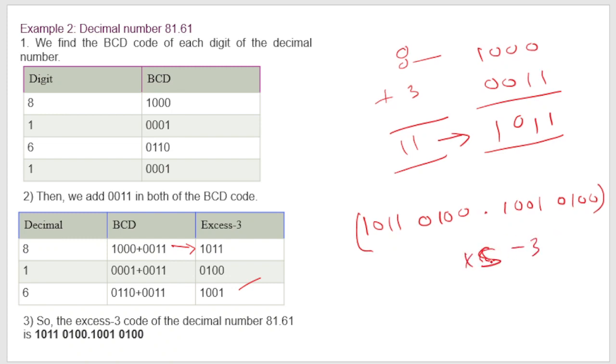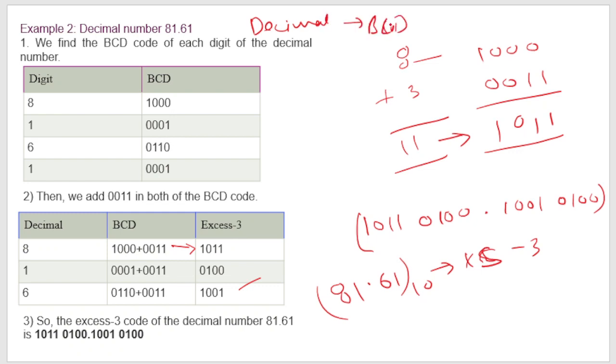This is the conversion of decimal to excess-3. So what we do for this is: first the decimal is converted into BCD or binary, then it is converted into excess-3 code. Okay guys, it is simple. Hope you have understood.